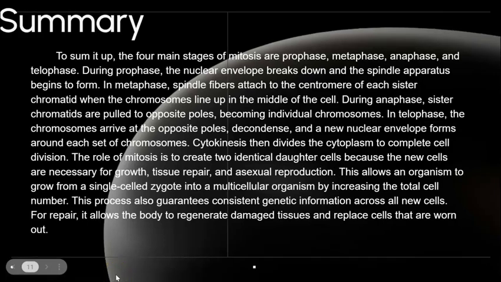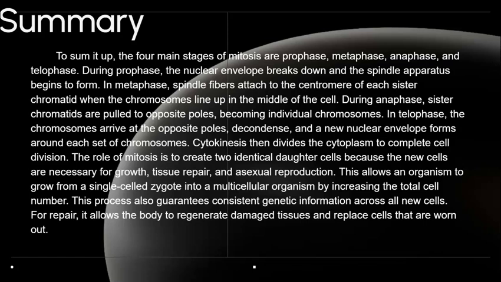Summary. To sum it up, the four main stages of mitosis are prophase, metaphase, anaphase, and telophase. During prophase, the nuclear envelope breaks down and the spindle apparatus begins to form. In metaphase, spindle fibers attach to the centromere of each sister chromatid when the chromosomes line up in the middle of the cell.